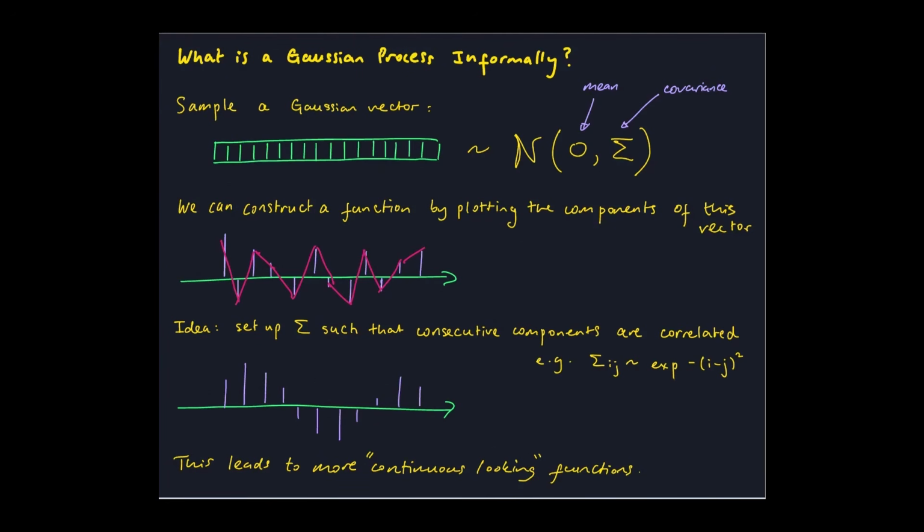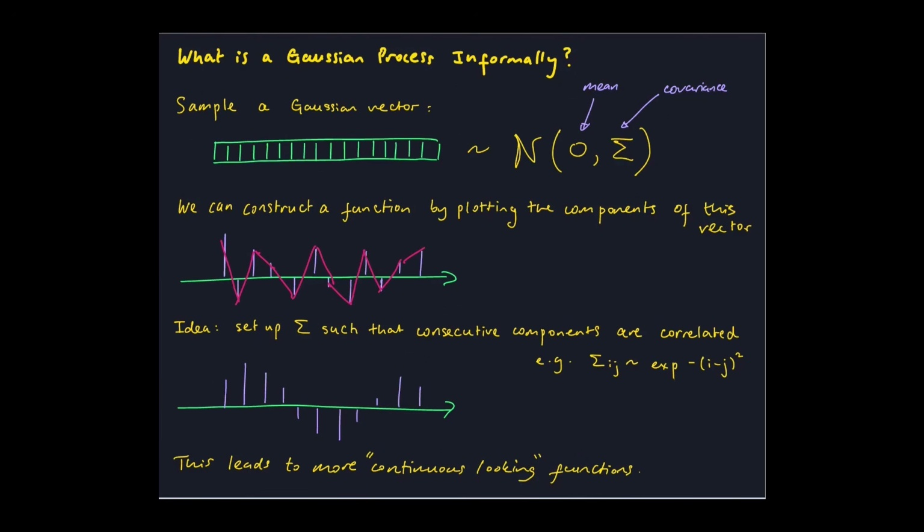Then I could say that, in this picture, it's not that great because neighboring points on the x-axis are not correlated with each other. And usually if I have a nice function, I want nearby points to be similar to each other.